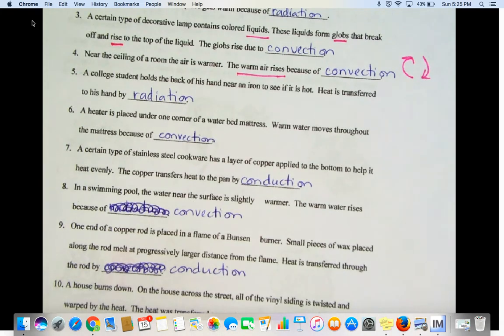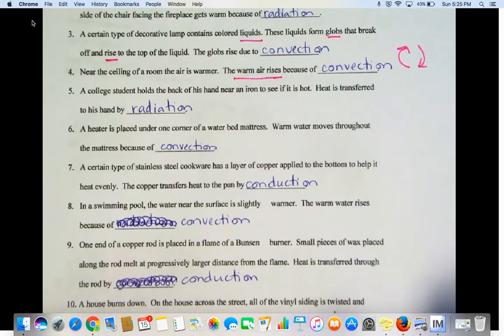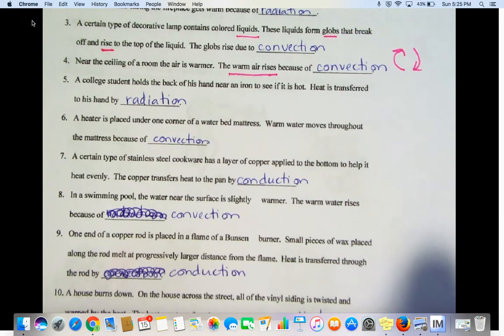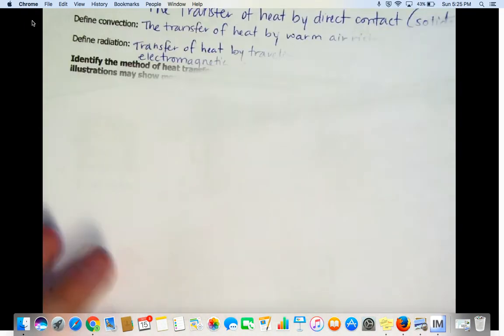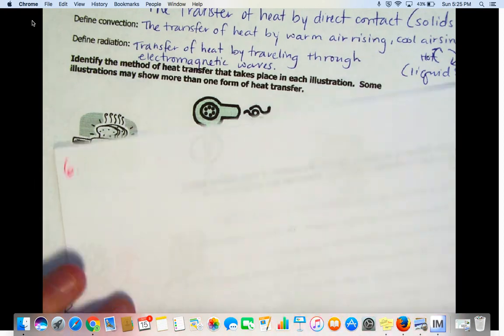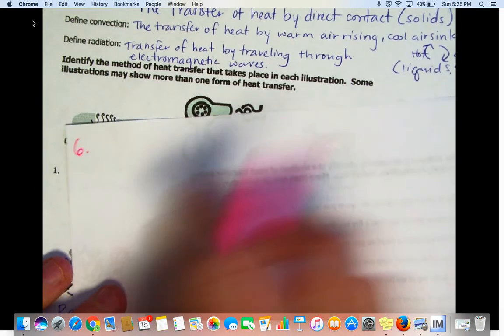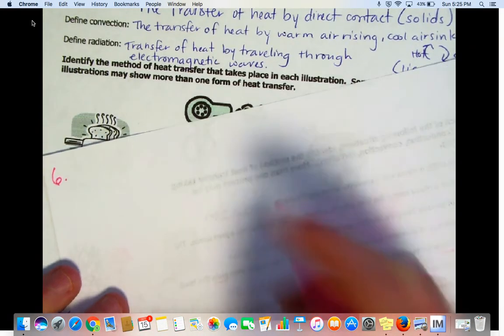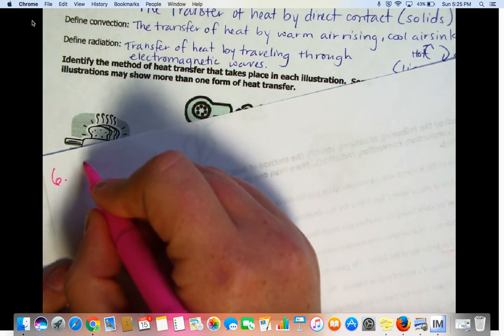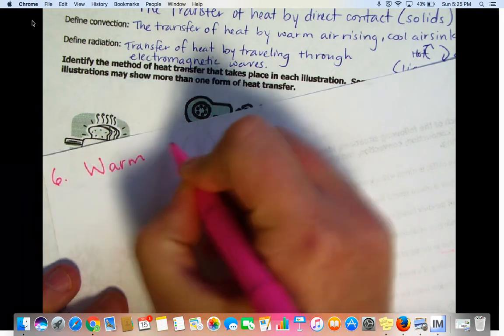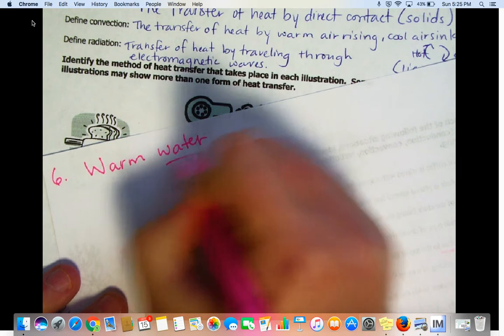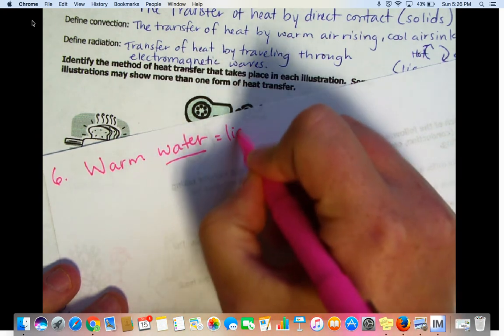Look at number 6. A heater is placed under one corner of a waterbed mattress. Warm water moves throughout the mattress because of. Here's what I want you to do. You'll turn to the back and you'll say number 6. And just show me how you're thinking on this paper. The first thing I see is what? Warm water. And water is a liquid.